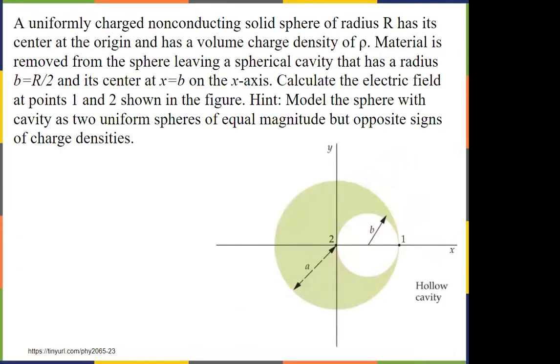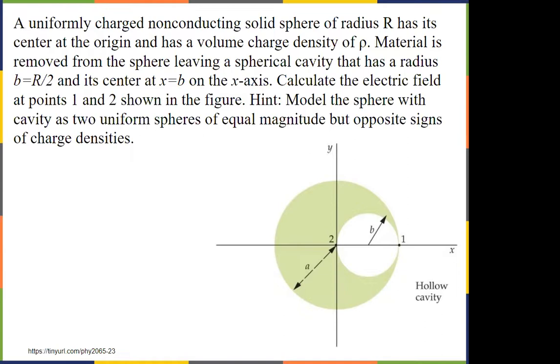Now we can take another example. This example is on a volume charge distribution. It says a uniformly charged non-conducting solid sphere of radius r has its center at the origin and has a volume charge density rho.